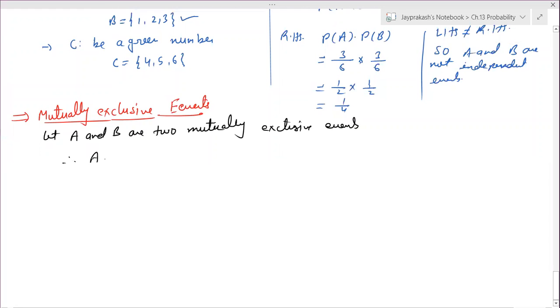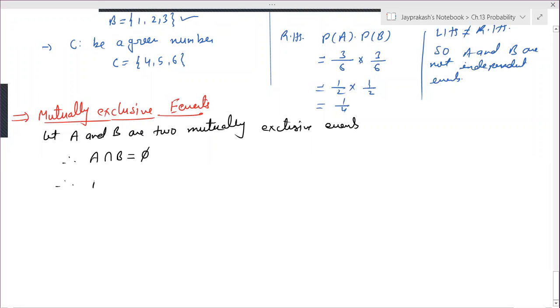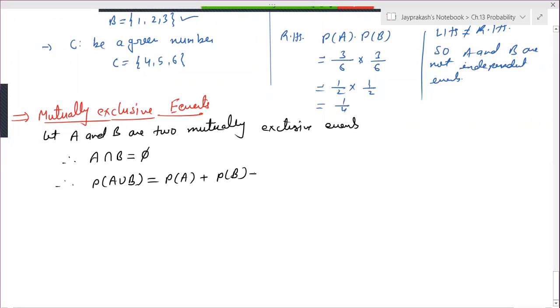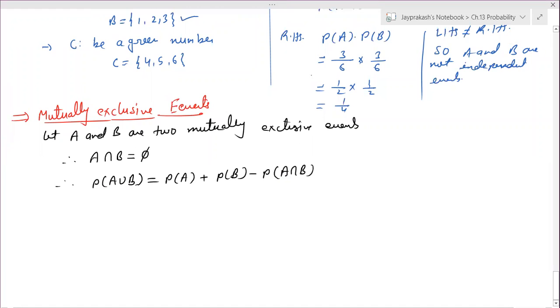That means A intersection B will be phi. At that time, we will use the formula of probability of A union B is equal to P of A plus P of B minus P of A intersection B.